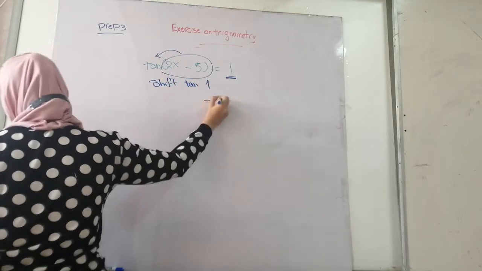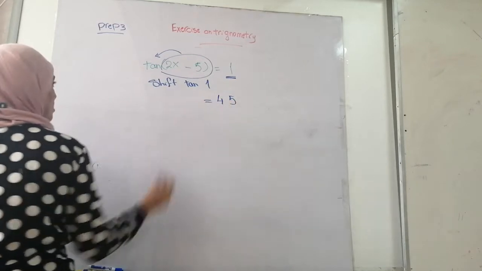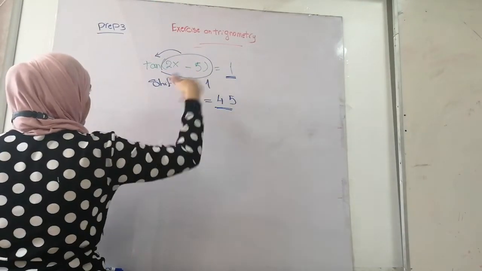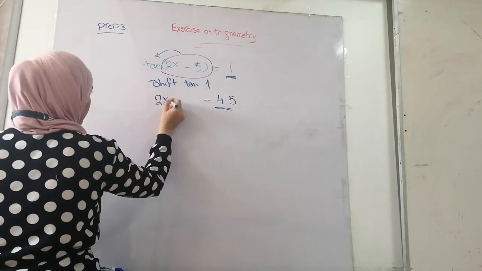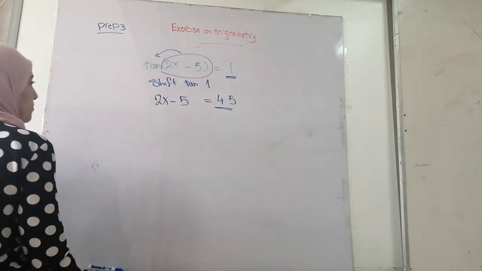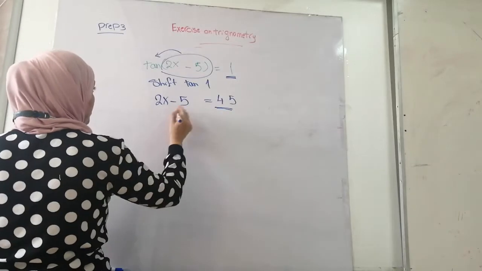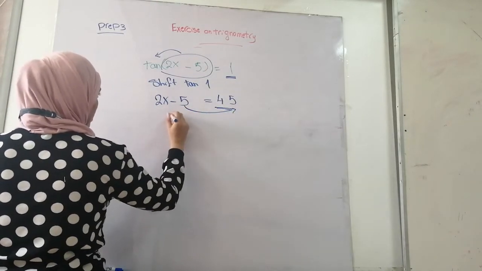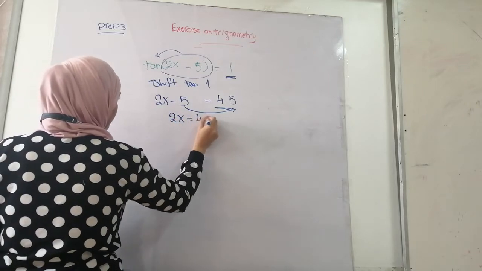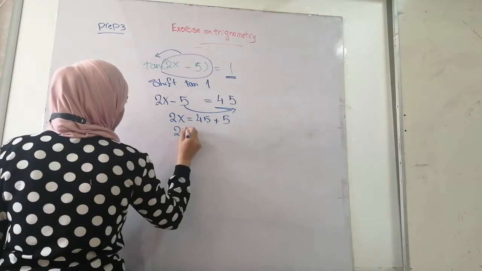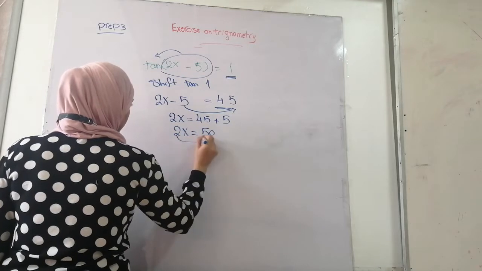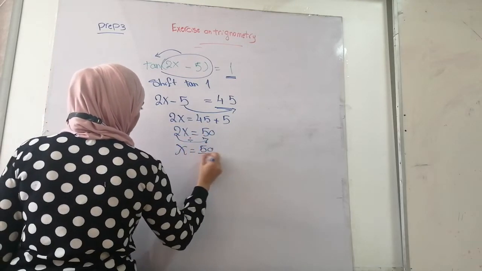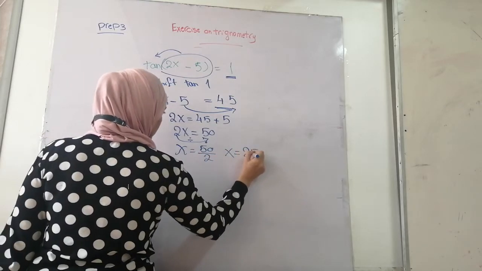So the answer will be 45. What is the value of 45? It is the value of 2x minus 5, not x. I make this an equation. Transfer 5 with the opposite sign, so 2x equals 45 plus 5. So 2x equals 50, and transfer with divide, so x equals 50 divided by 2. So x will be equal to 25 degrees.